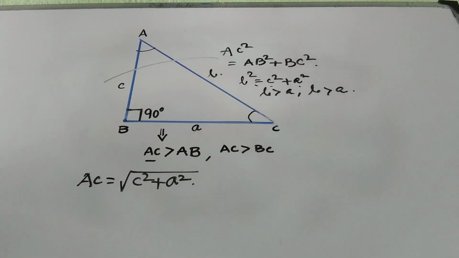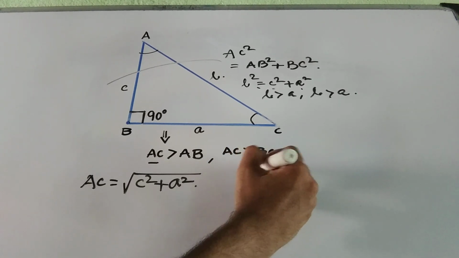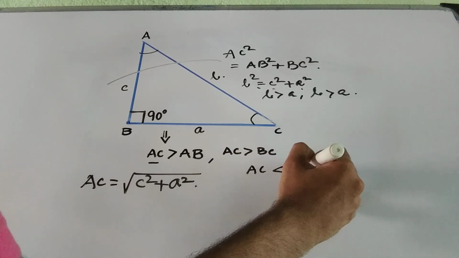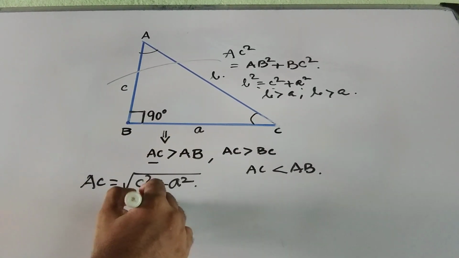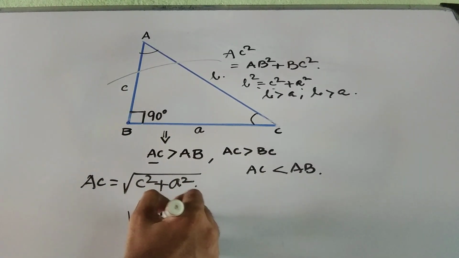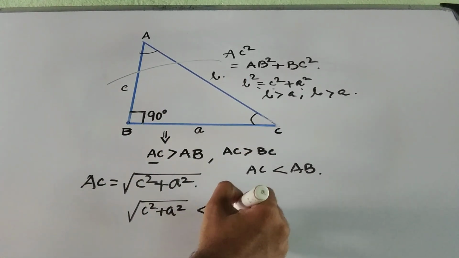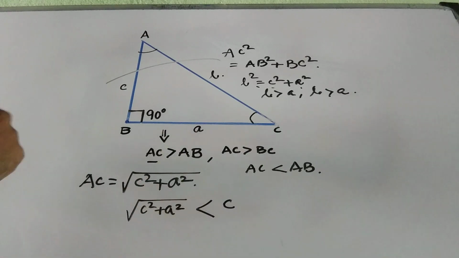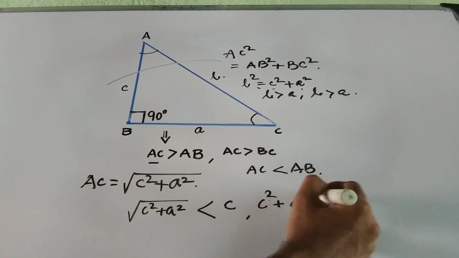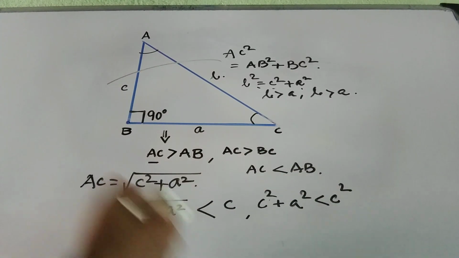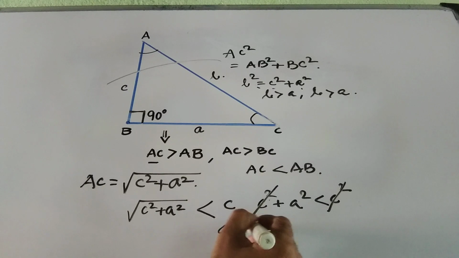For convenience, I am assuming that AC is less than AB. What does that mean? That means the root of c square plus a square is less than, what is AB? AB is c. If I square on both sides, that means c square plus a square is less than c square. That means c square cancels and a square is less than 0.